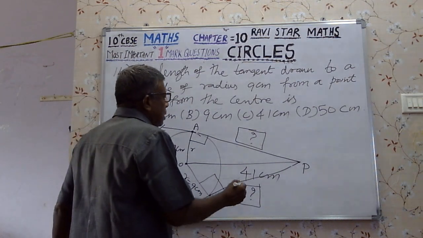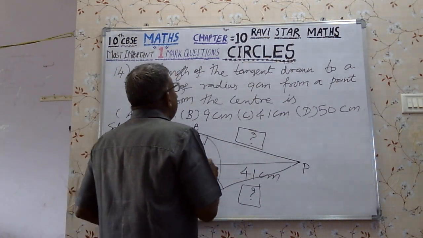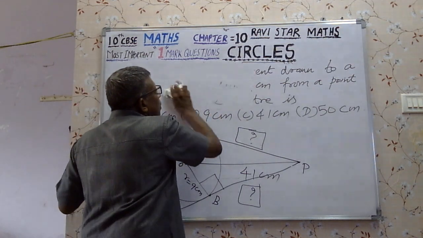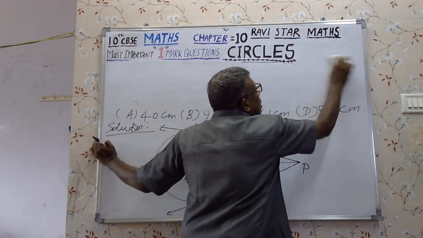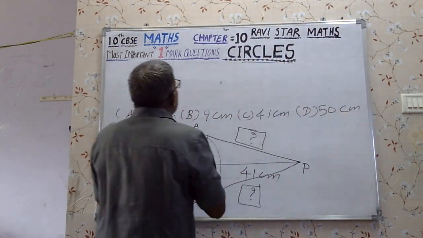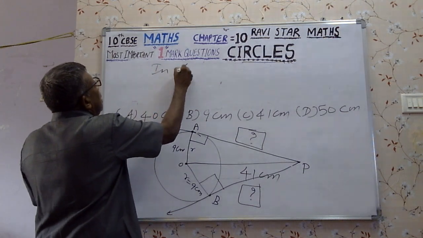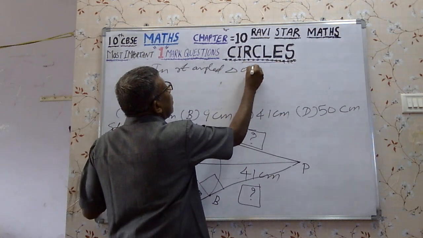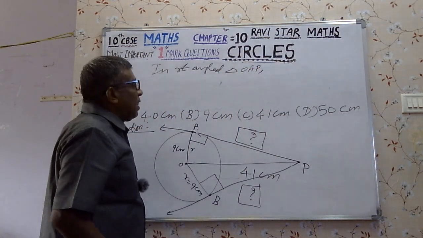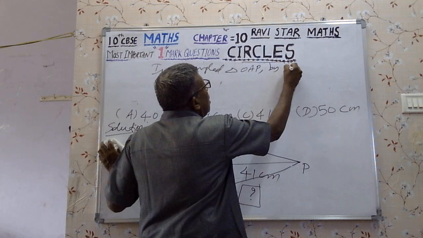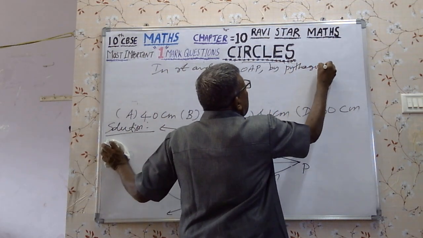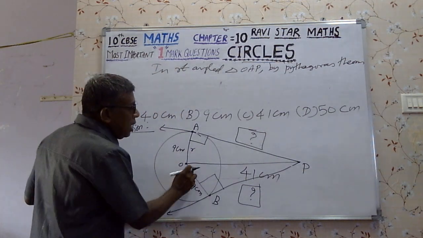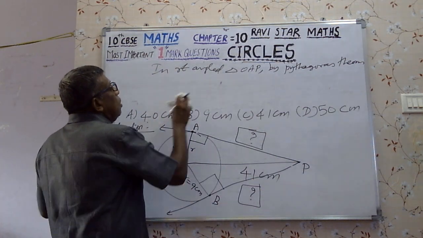To find the tangent, in right angled triangle OAP, I am going to apply Pythagoras theorem.